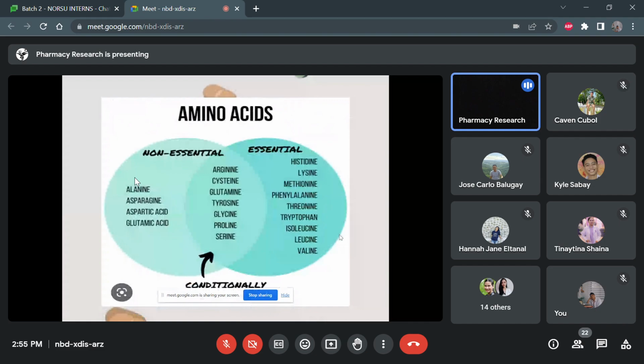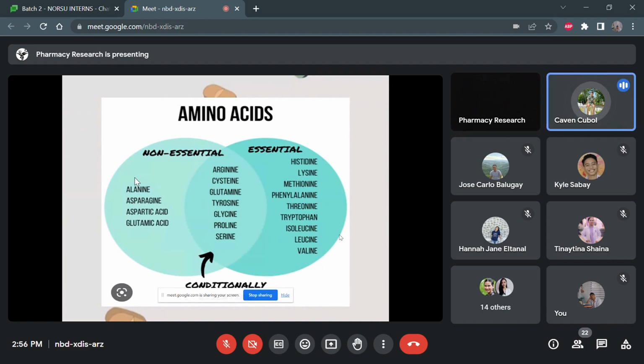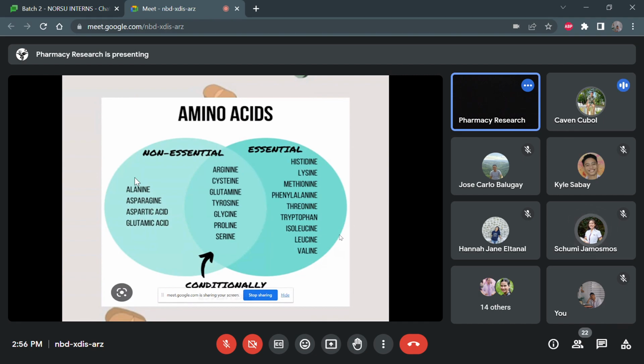Hello guys, nawala. Asa na ganita? Amino acids pa ma'am nga non-essential? Hello? Guys, pwede tingog sa para to check ra. Good afternoon, ma'am.